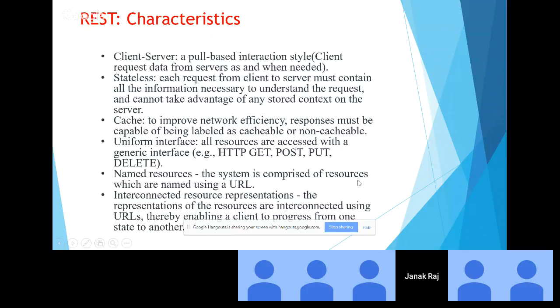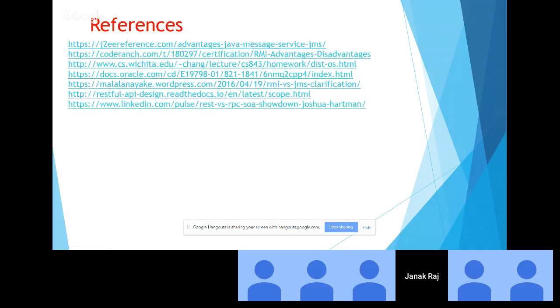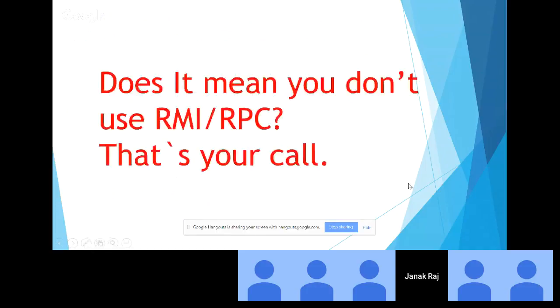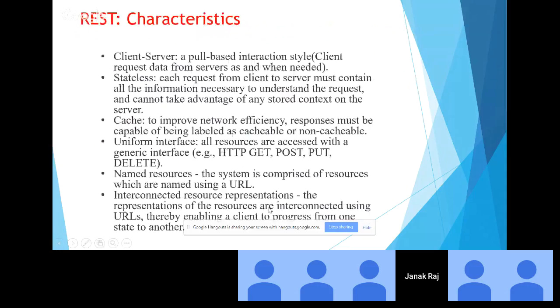The system is comprised of resources which are named using a URL. Interconnected resource representation: the representations of the resources are interconnected using URLs, thereby enabling the client to progress from one state to another.